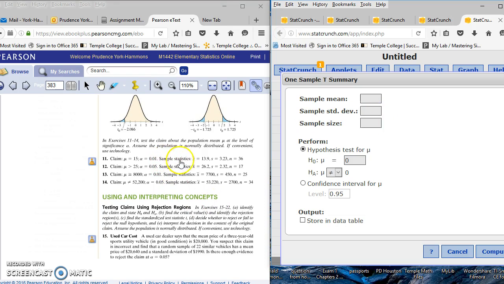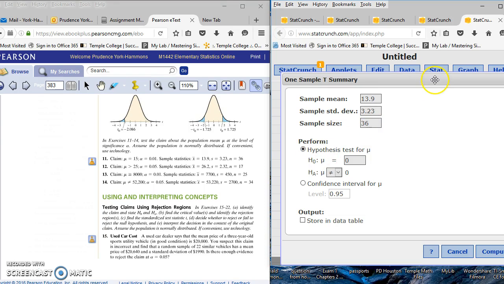And those things were all given to us. The sample mean was 13.9. The sample standard deviation, S, was 3.23. And the sample size, N, was 36.